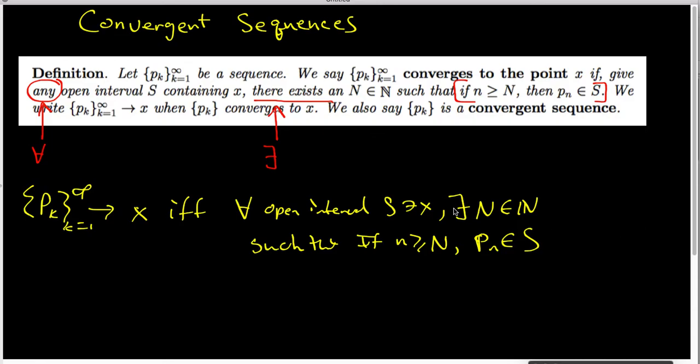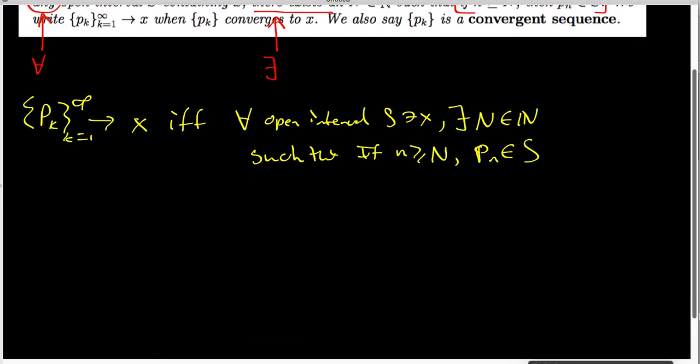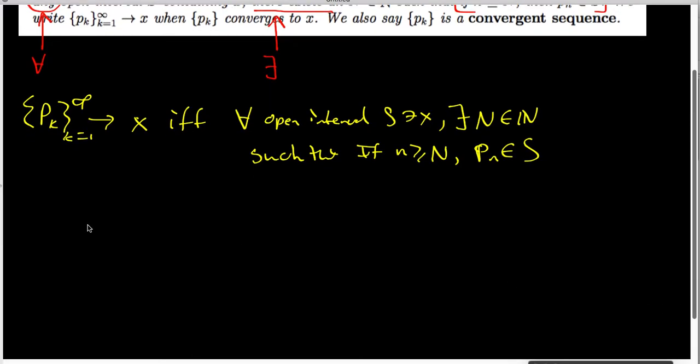Now, the first thing that I want to do is illustrate what this particular definition means for a particular open interval. So if we have an open interval that contains X being given, then what this definition means is the following.